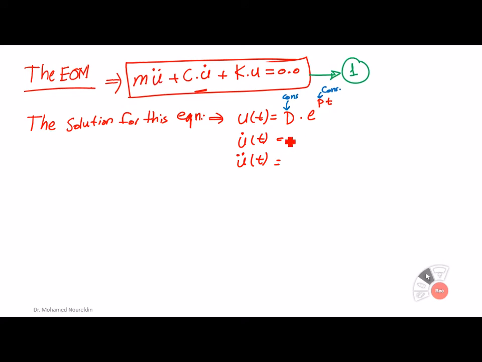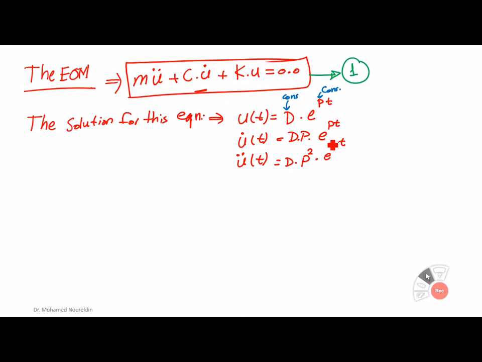So we're going to differentiate here easily, and this is the first derivative of u of t, which is the velocity, and then u double dot of t is going to be d p squared times e to the power p t.